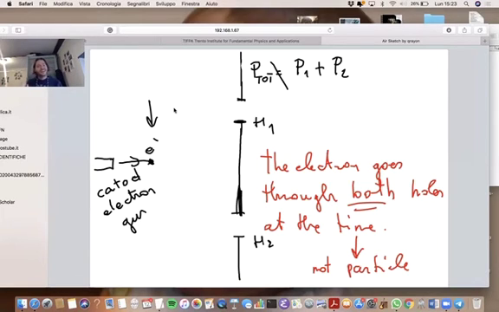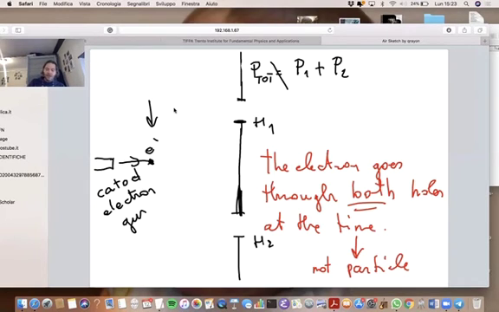On the other hand, we just said that if I place the detector, I hear the position where the electron arrives. So I don't know where it was in the middle. It was somehow in both holes at the same time. But when I recorded the electron, it was at one specific place and one specific moment. And waves don't do that. That's how particles behave.